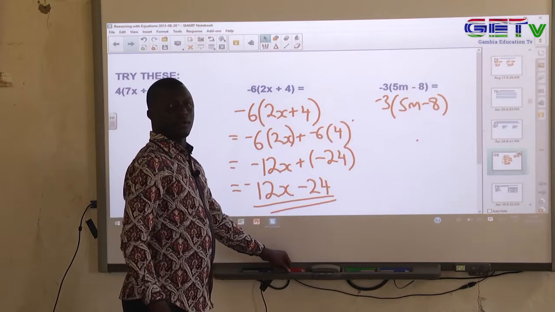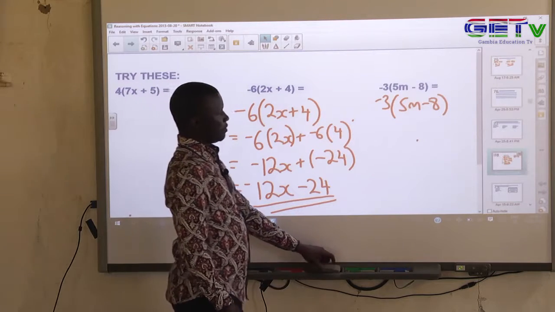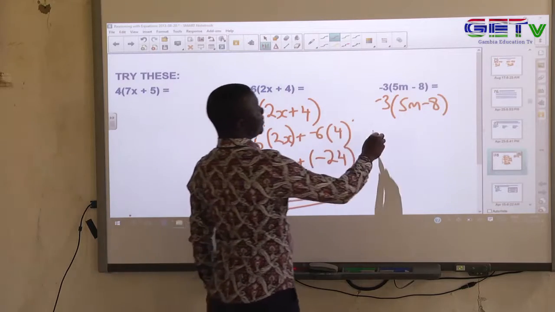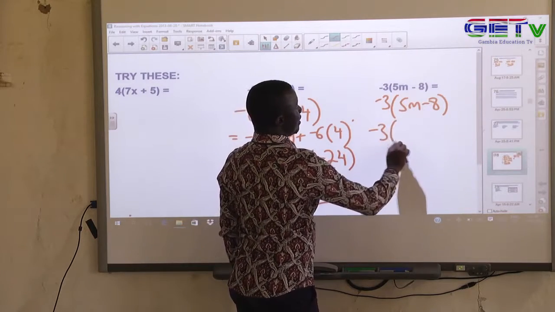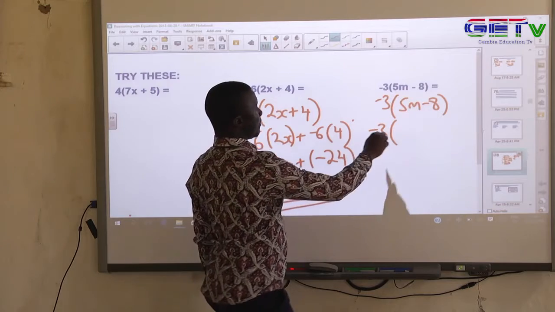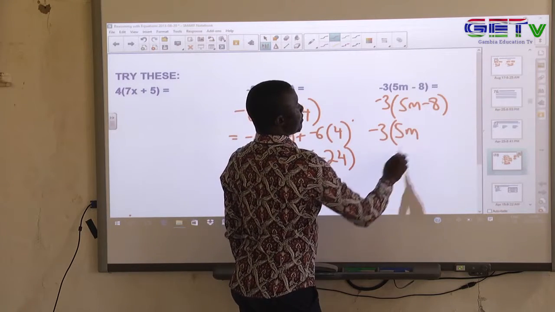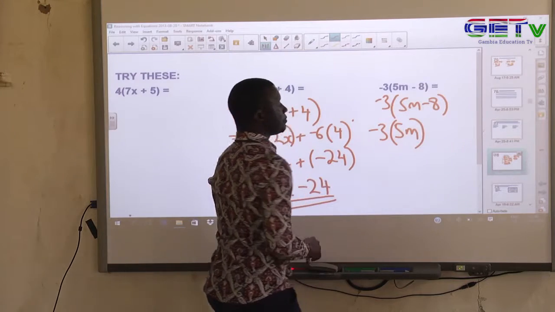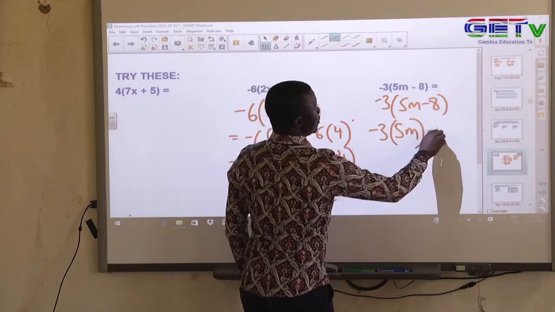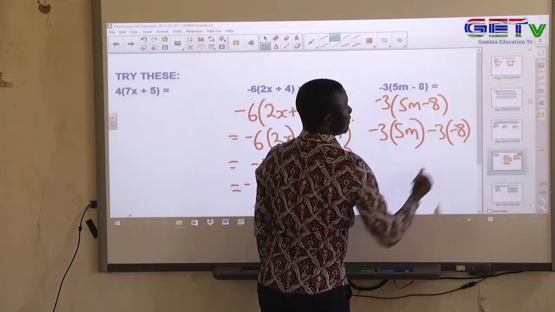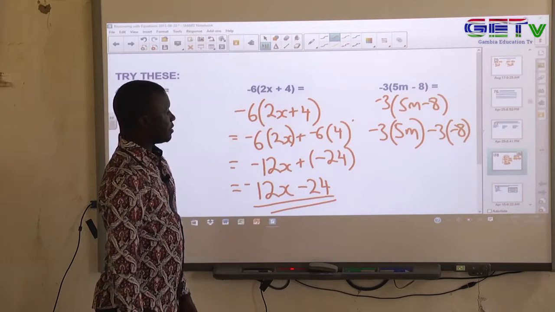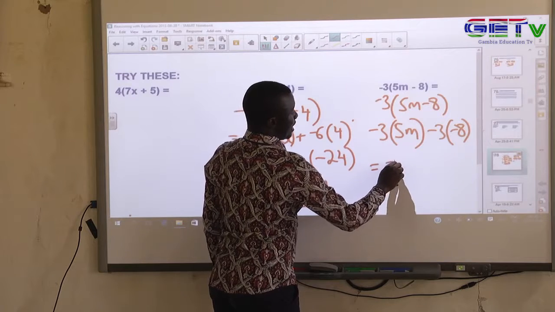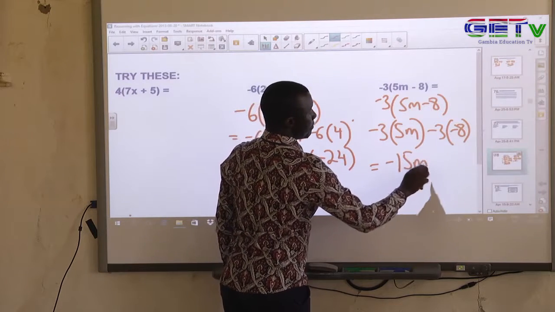We are trying to bring the negative sign twice. So negative 3 times 5m, and negative 3 times negative 8. Okay. Negative 3 times 5m, we have negative 15m.